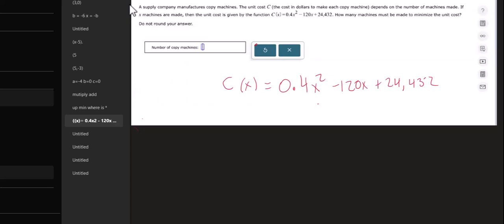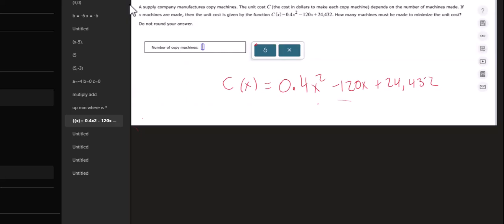Okay, so it is asking how many must be made to minimize the unit cost. Remember in the problem before we had the where was the x and the what was the y? If it was asking what is the minimum cost, we'd look for the y. But it's not. It's saying how many machines must be made to minimize the unit cost.